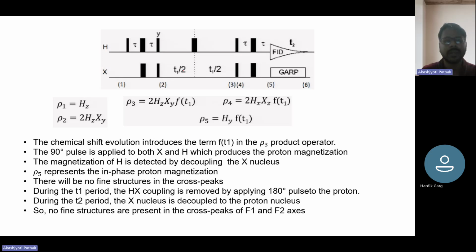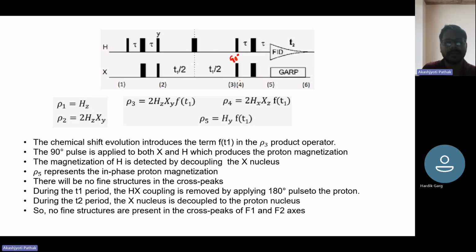The chemical evolution was taking place for this t1 by 2 period, so we have this F of t1 introduced in this term, and then this 90-degree pulse is again applied.